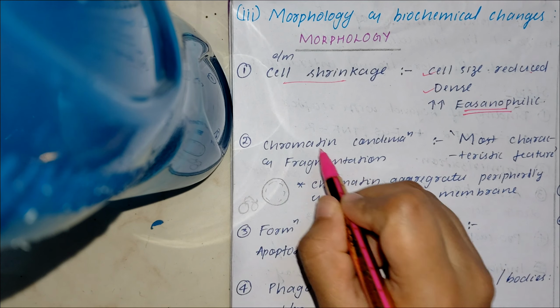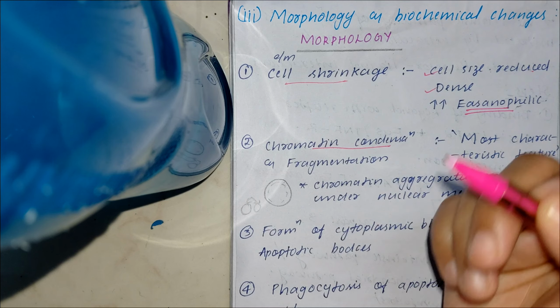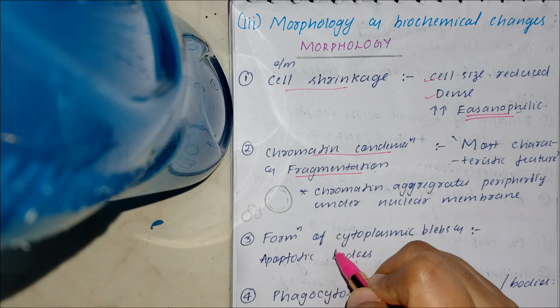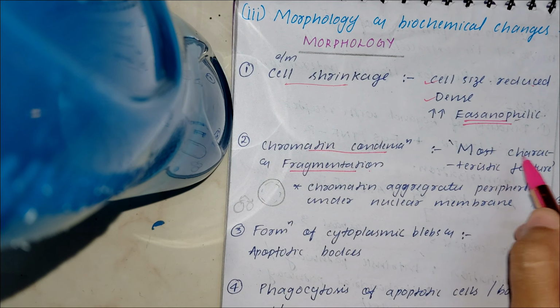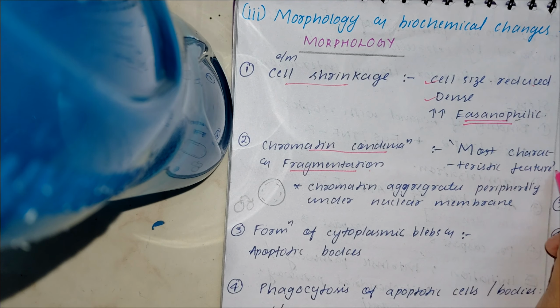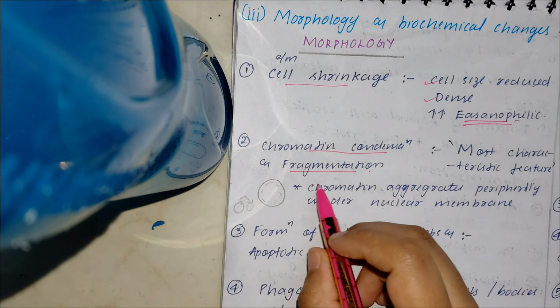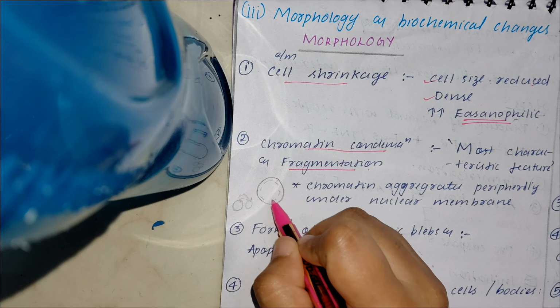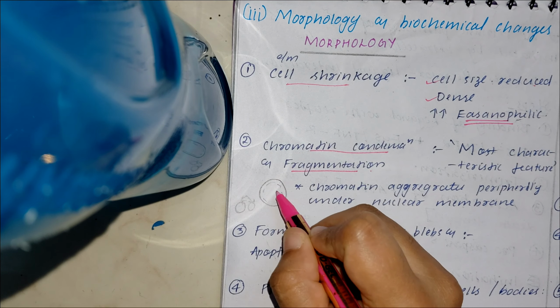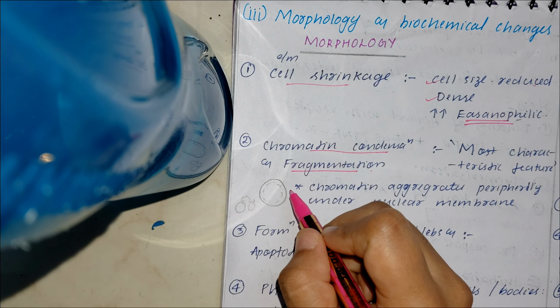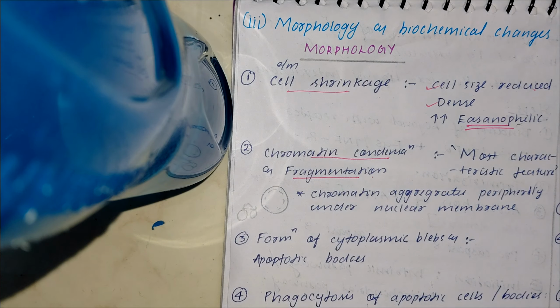Now, the second change will be chromatin condensation, also DNA fragmentation. It is the most characteristic feature. It is something that you can definitely see in a stain, or we can see in an electron microscope. Now what happens, suppose this is the cell, the chromatin gets aggregated peripherally under the nuclear membrane.